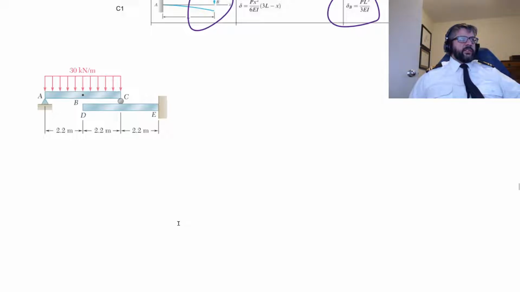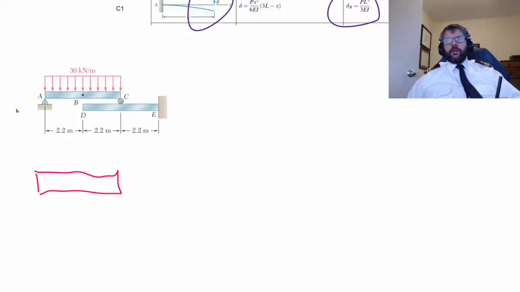For something like this, if we just do a free body diagram of the thing ABC there, we got 30 kilonewtons per meter pushing down.